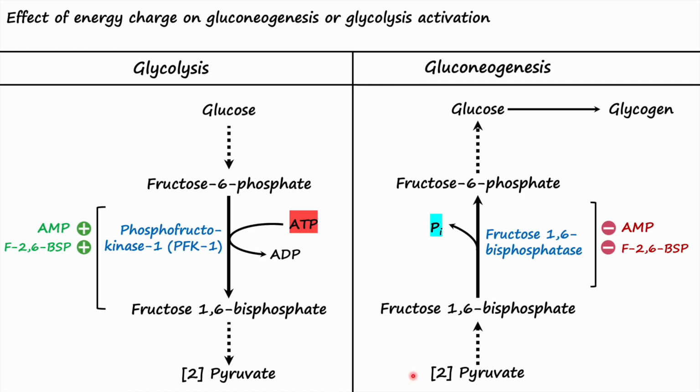Now let's take a situation where the cellular energy charge is high, such as an increased level of ATP and citrate, and this indicates that the cells have too much energy in the form of ATP.